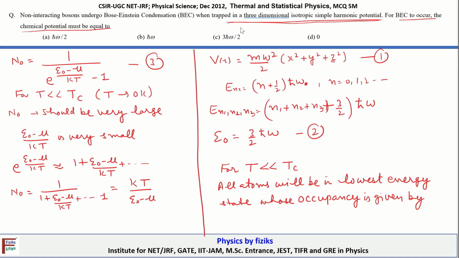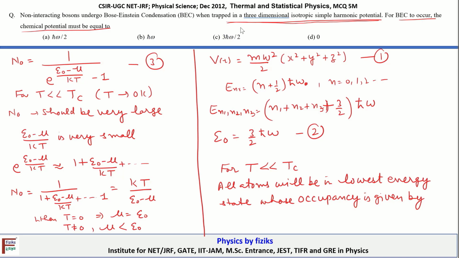So now when T is equal to 0, this implies mu is equal to E naught. Whereas when T is not equal to 0, that is for non-zero temperature, mu should be smaller than E0.